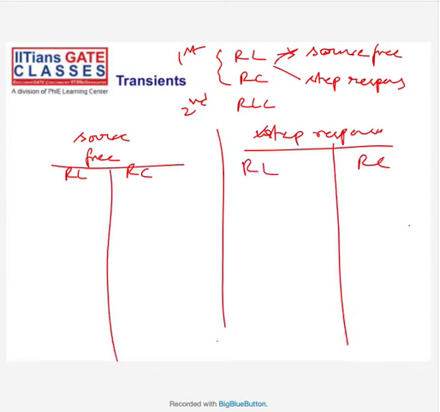So tell me the source free RL. What is the source free RL response? I of t is equal to I naught e power minus t by tau. Tau is equal to, tell me the values.